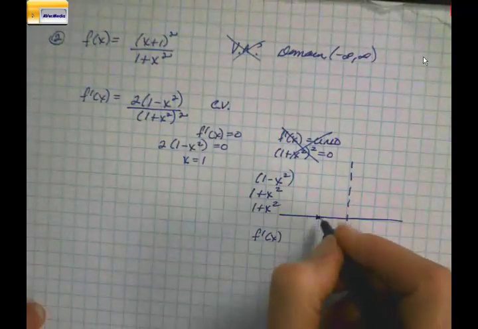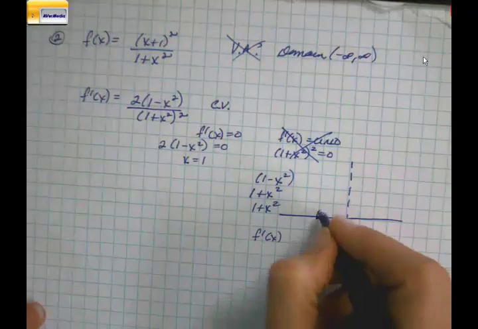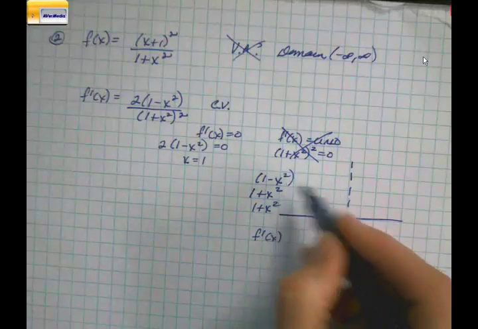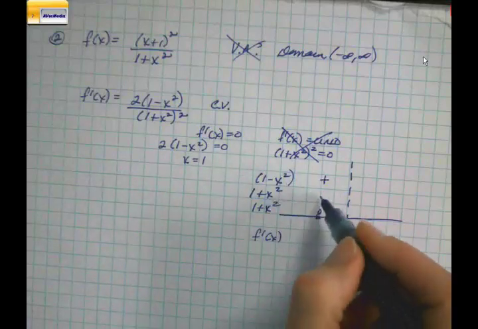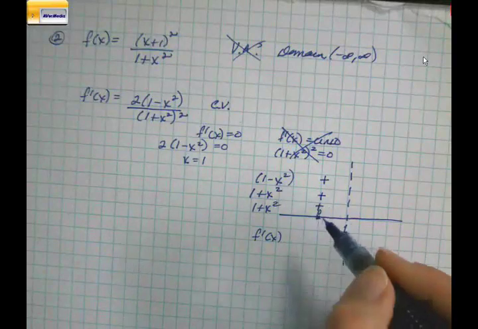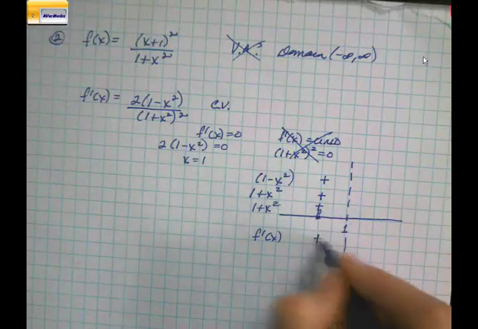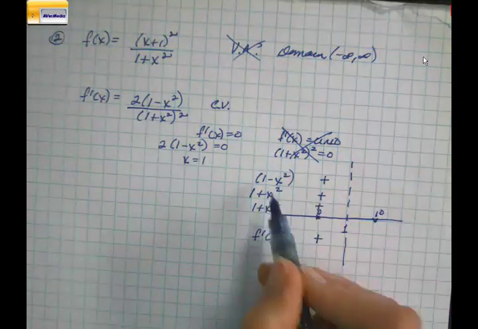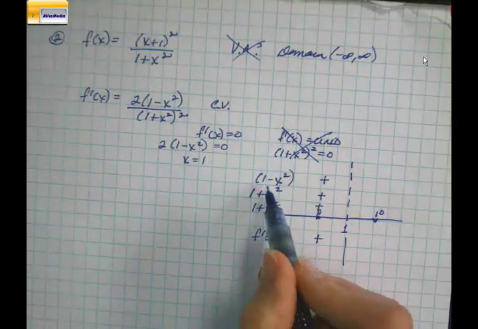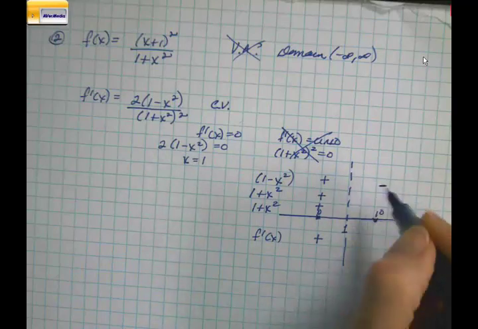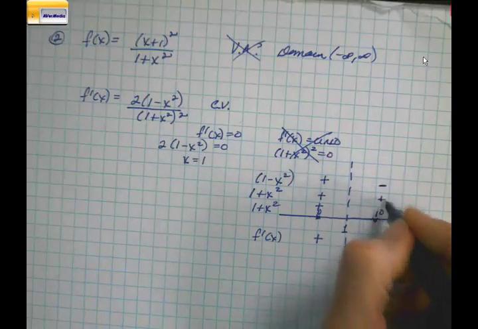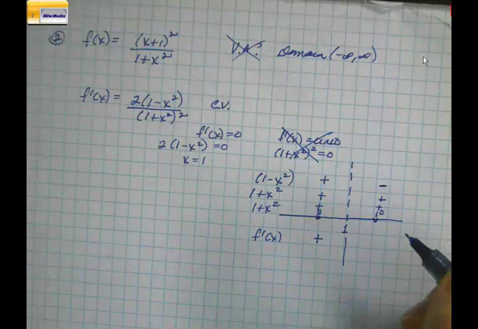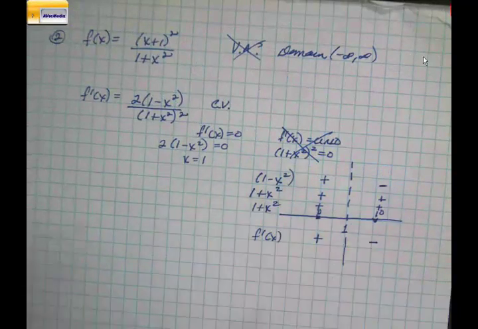All right, so to the left of 1, let's make it easy, use 0. 1 minus 0 squared is 1, which is positive. 1 plus 0 squared is 1, which is positive. Positive over positive is positive. To the right of 1 would be something like 10. 1 minus 100 is negative. 1 plus 100 is positive, and squared is positive. So you have a negative over a positive, which is negative.